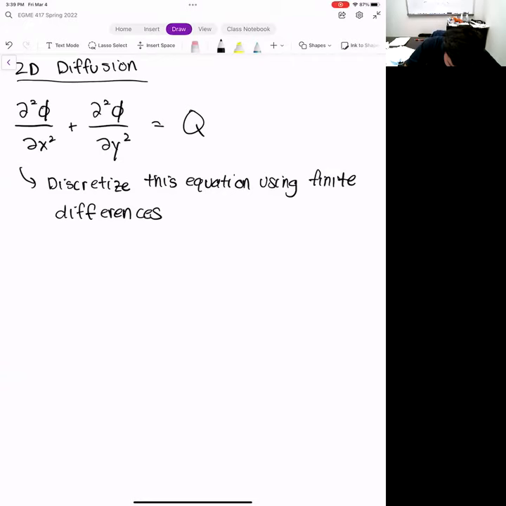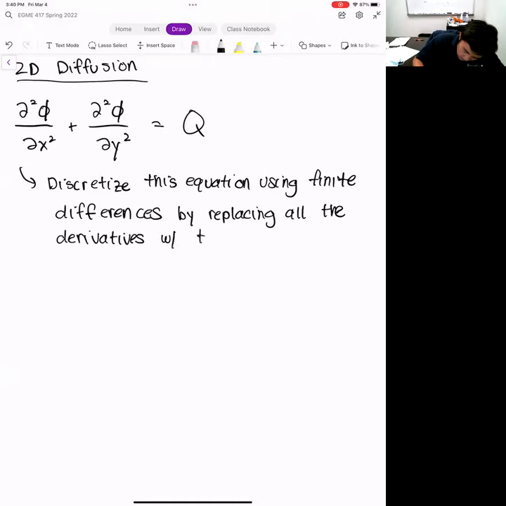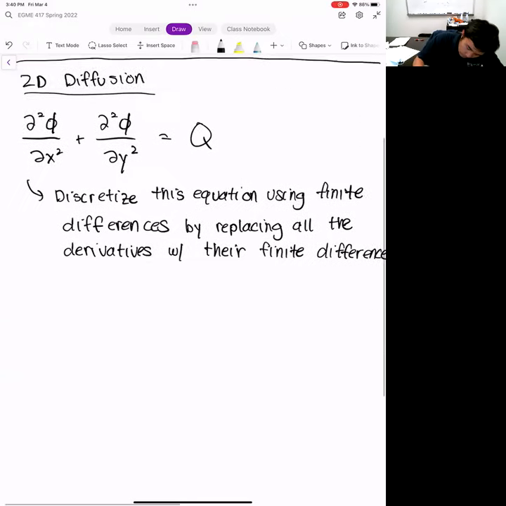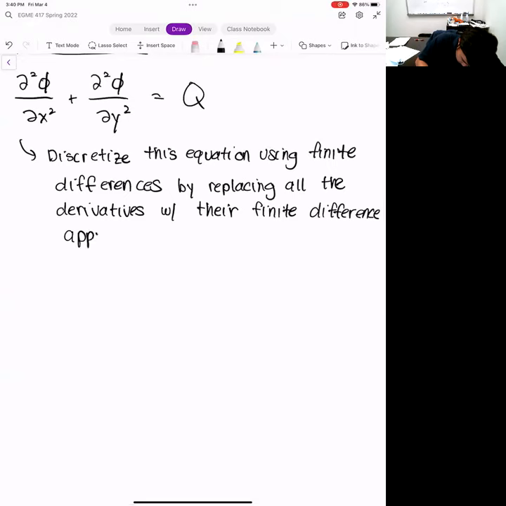Okay, and so we have two derivatives here, and they're both second order derivatives.